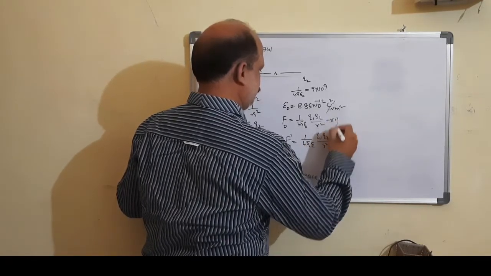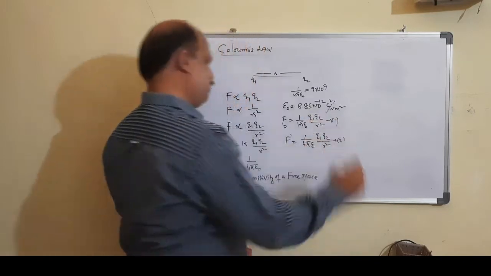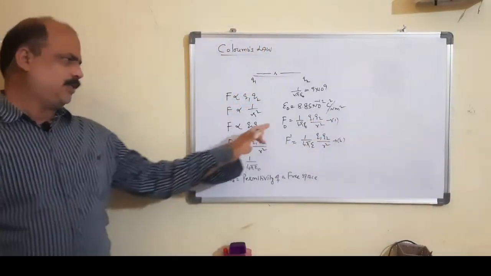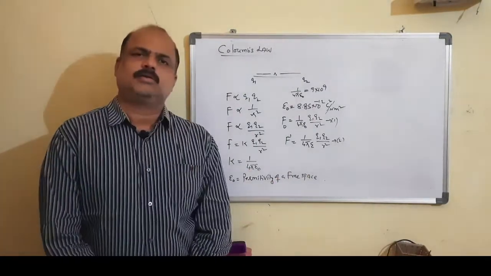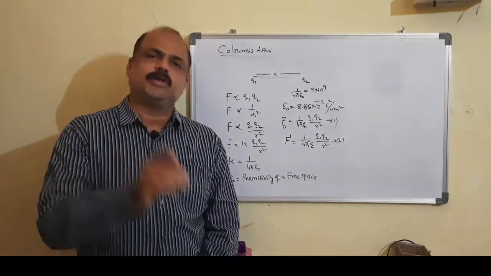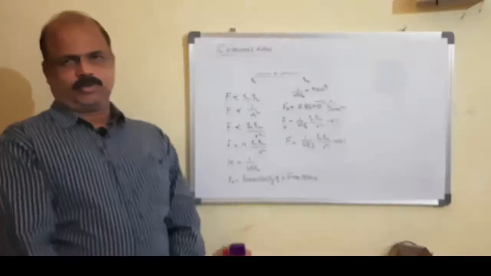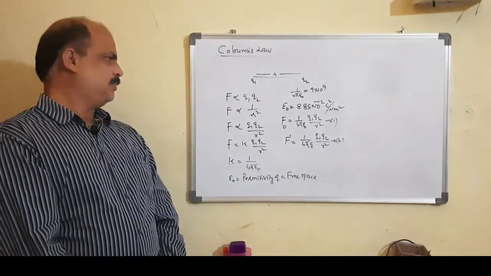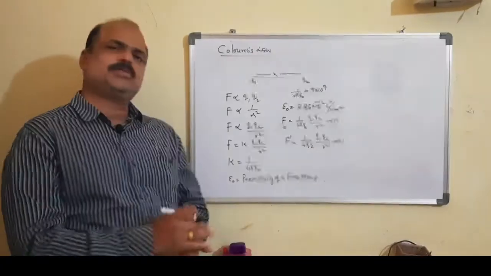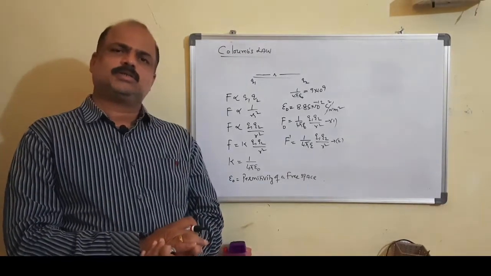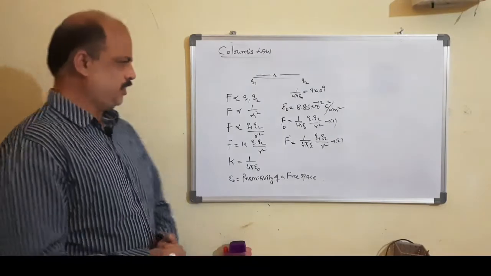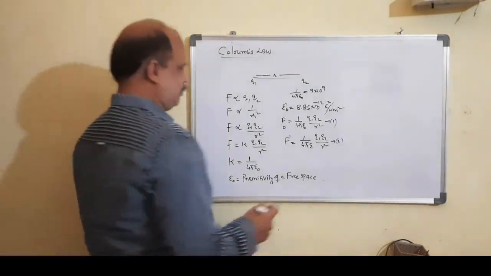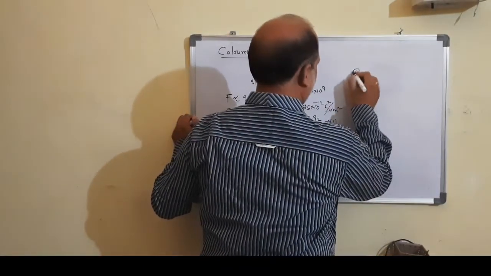This is equation 1 and this is equation 2. Here the force value changes, because epsilon is the permittivity of that medium. Whenever the medium between the two charges changes, the force also changes.